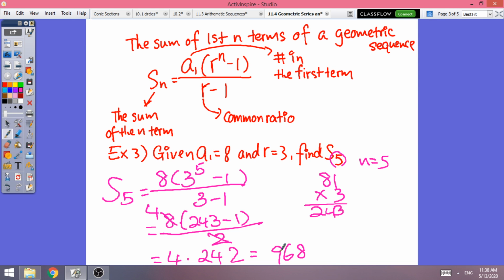It's a big number because the numbers are getting bigger and bigger. You start with 8, then 24, then 24 times 3 is 72, and so on. That's why the number gets bigger as you get close to the 5th term. Okay, now let's see what else we have for the rest of this.